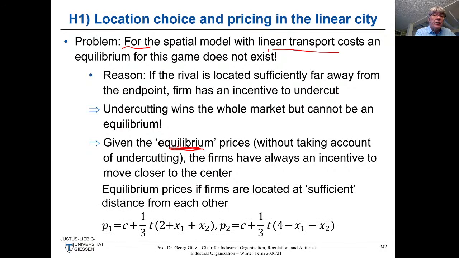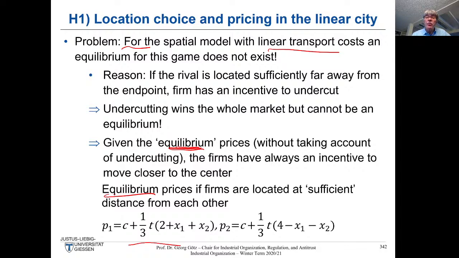You can directly derive these equilibrium prices if firms are located at sufficient distance from each other. We don't do that here because we will later do that for quadratic transport, because you will see you get exactly the same kind of conditions. So this is just so that you can check that it's really the case, if you want to check whether it's really a problem here with this undercutting.